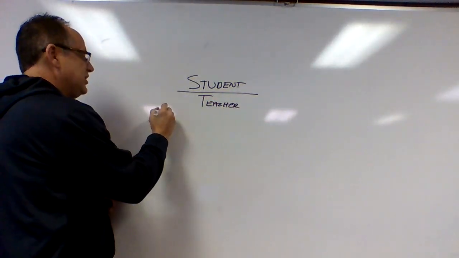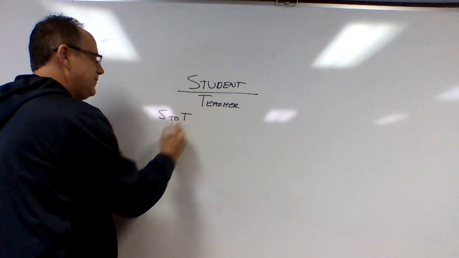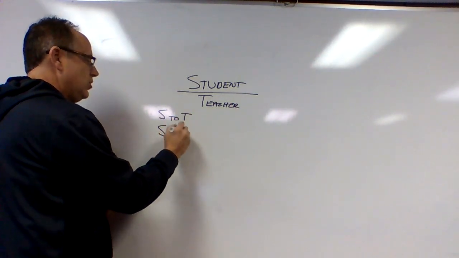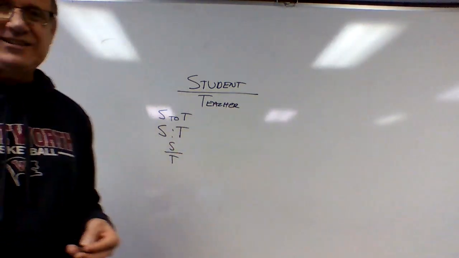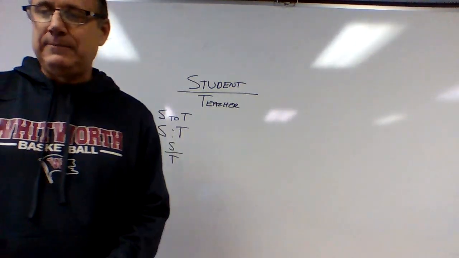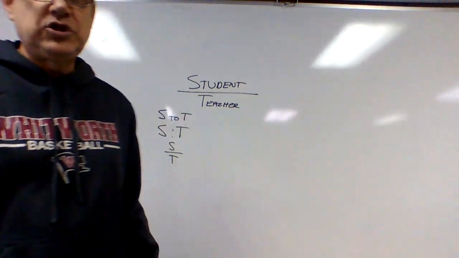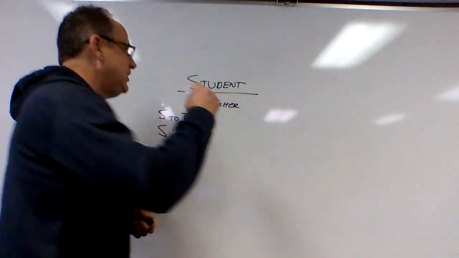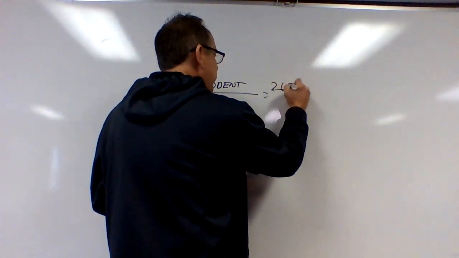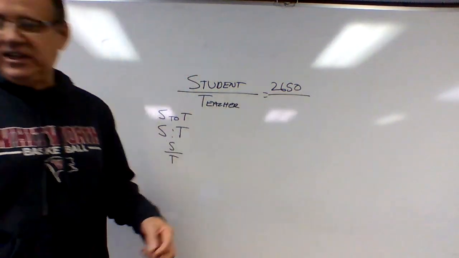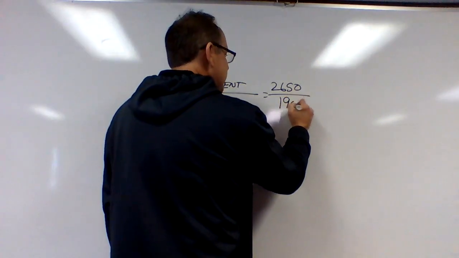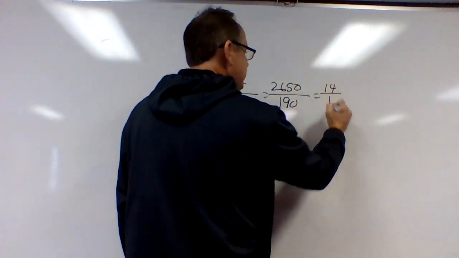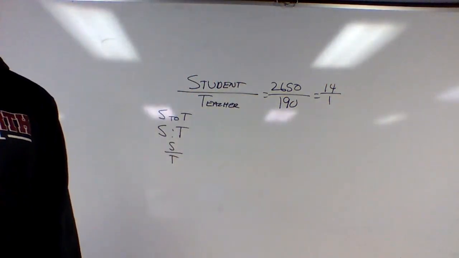We could say student to teacher, student colon teacher, or as a fraction. Students is 2650 and teachers is 190, so that comes out to a 14 to 1 ratio.